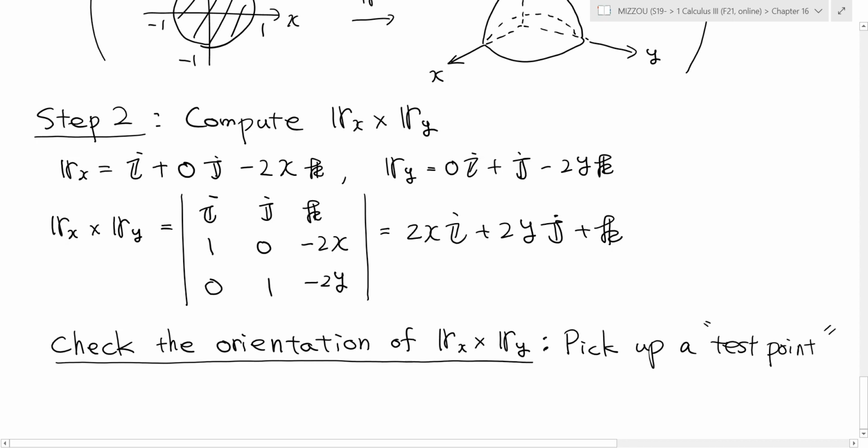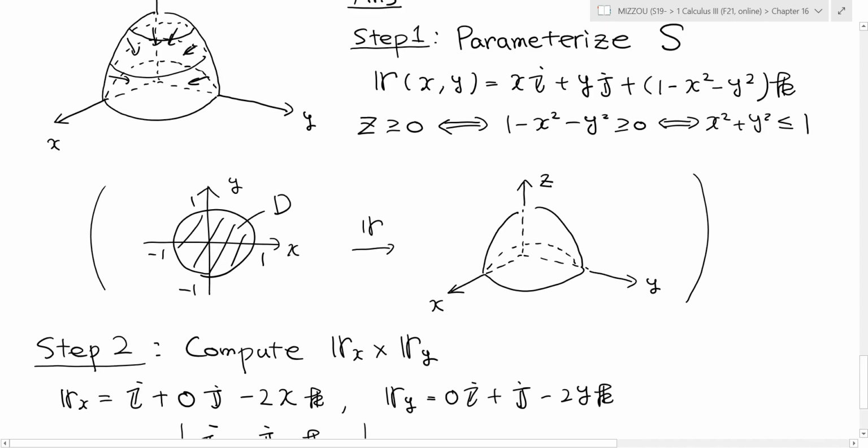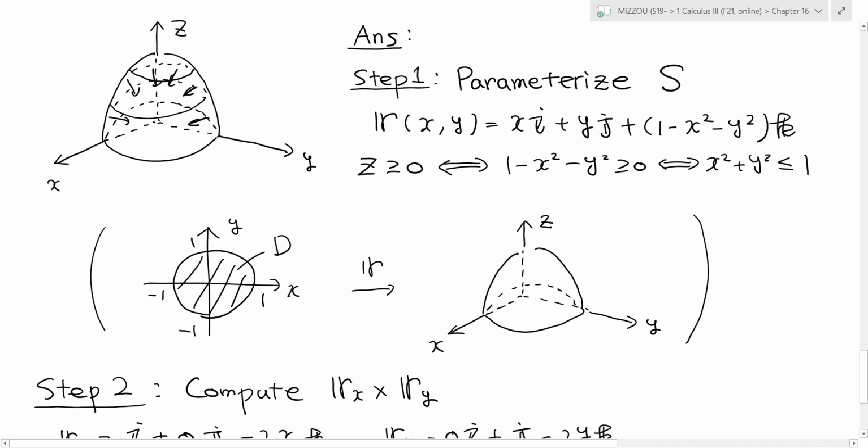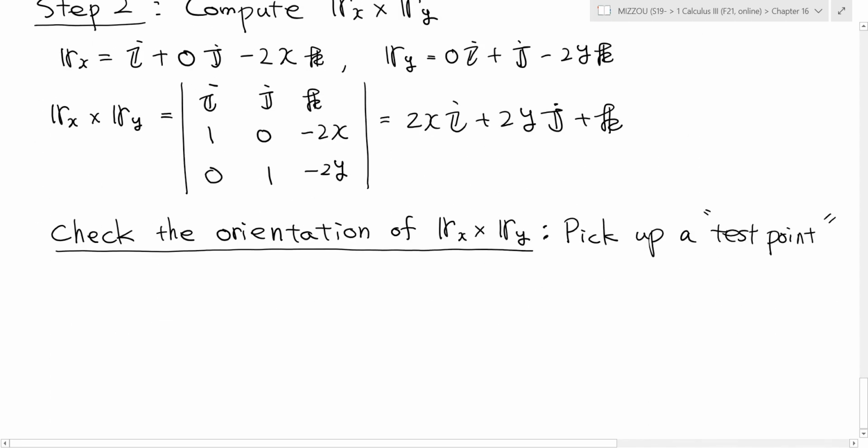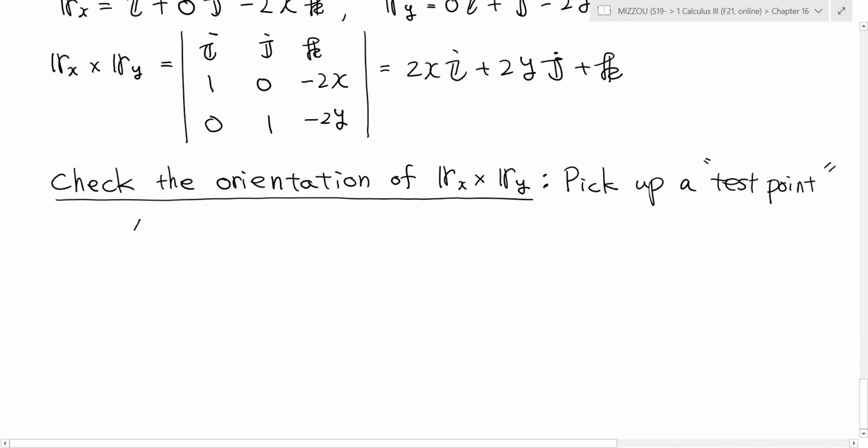It doesn't matter where, but it's easy to pick some easy point, like in this case, the top of the mountain. Or let me just copy it here.